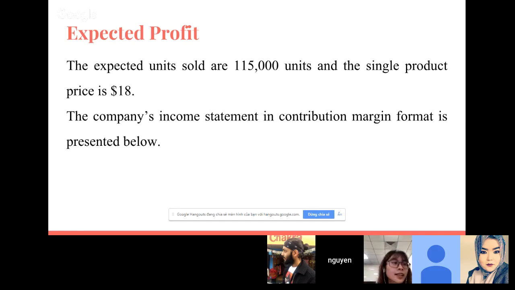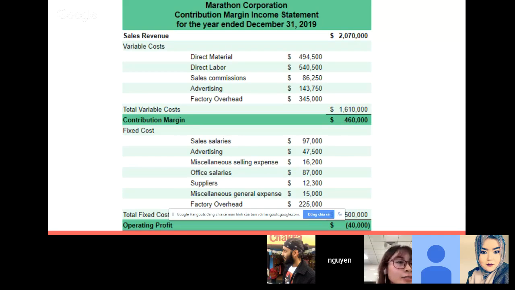Okay, thanks Loc. And now I will move to the effective profit. The effective units sold are about 150,000 units, and the single order price is $18. The total sales revenue is $2,070,000. Moreover, the total variable cost is about $1,610,000.